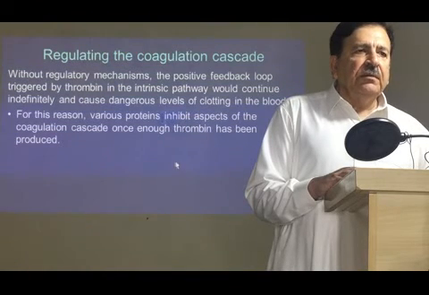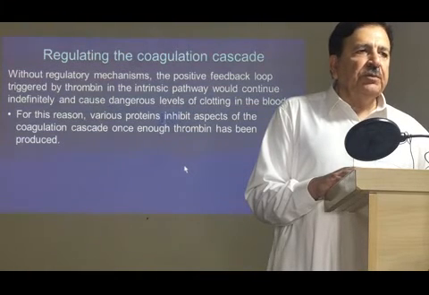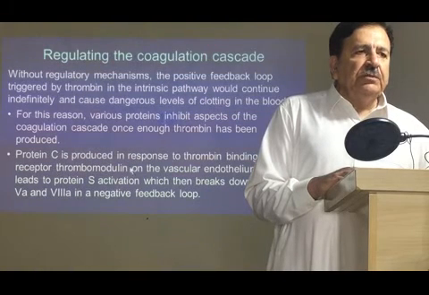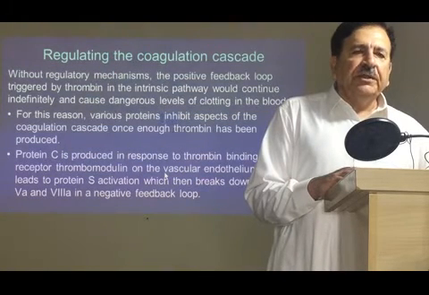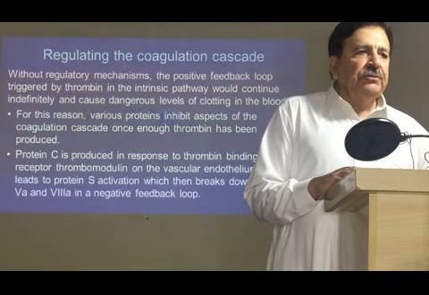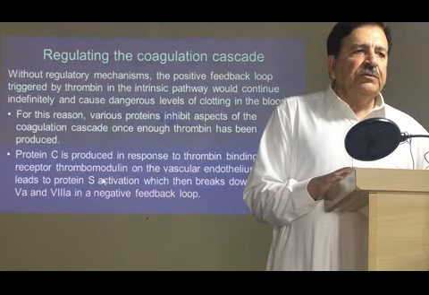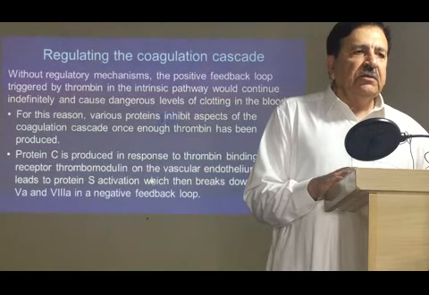Once enough thrombin has been produced, protein C is produced in response to thrombin, binding to the receptor thrombomodulin, which we have discussed in the previous lecture on the vascular endothelium.